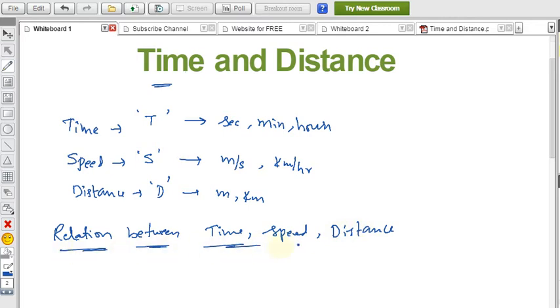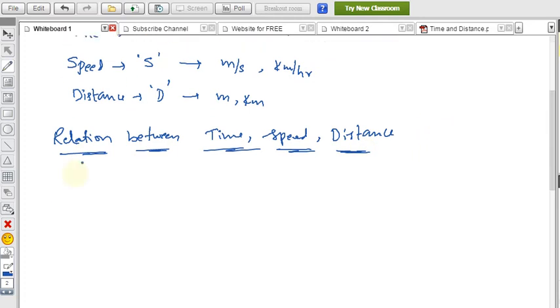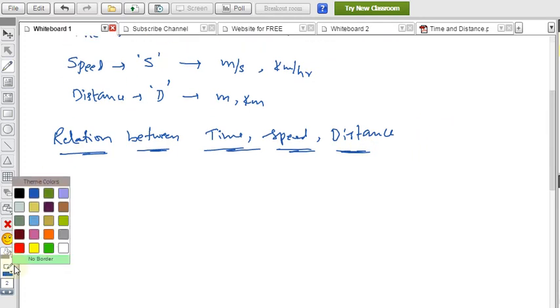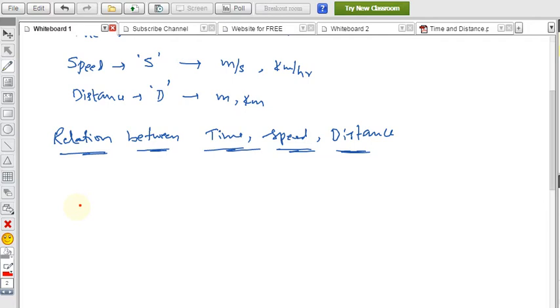One simple word you can remember, so as not to forget it any time, that is DTS. You heard about this DTS, right? Some say DTS, digital sound system type. In this, just remember this term: distance is equal to time into speed.